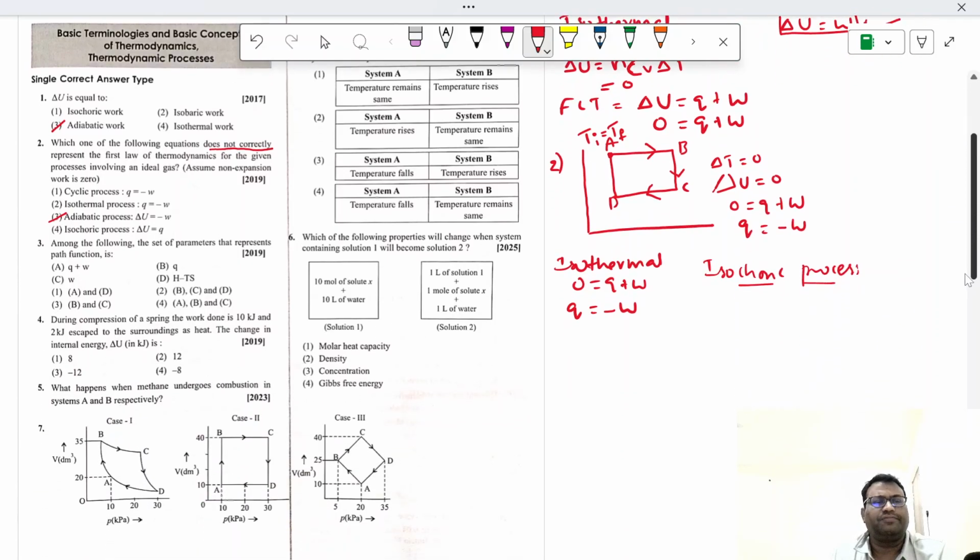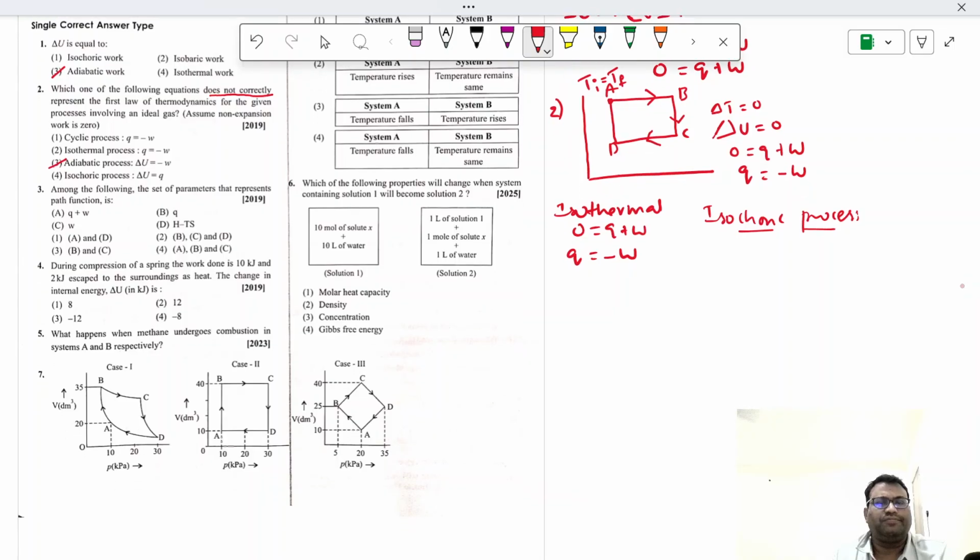Question number 3: among the following set of parameters, which represents a path function? Thermodynamic properties are classified into two types. What are those? State function and path function.